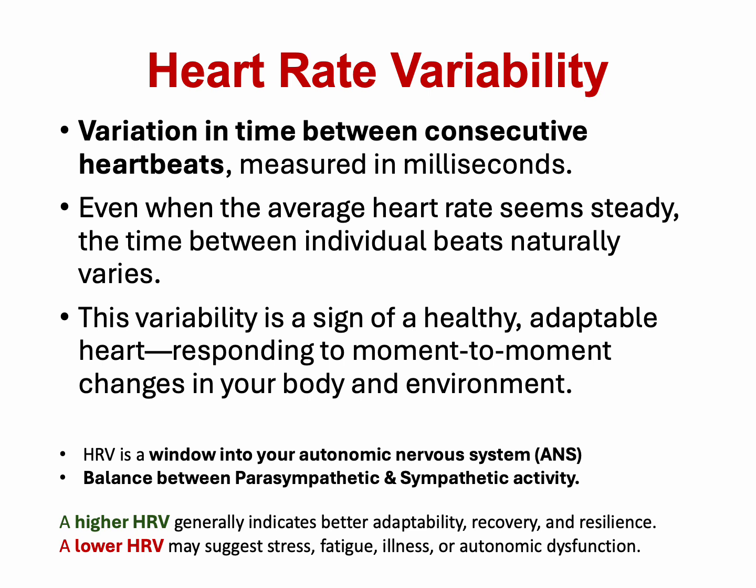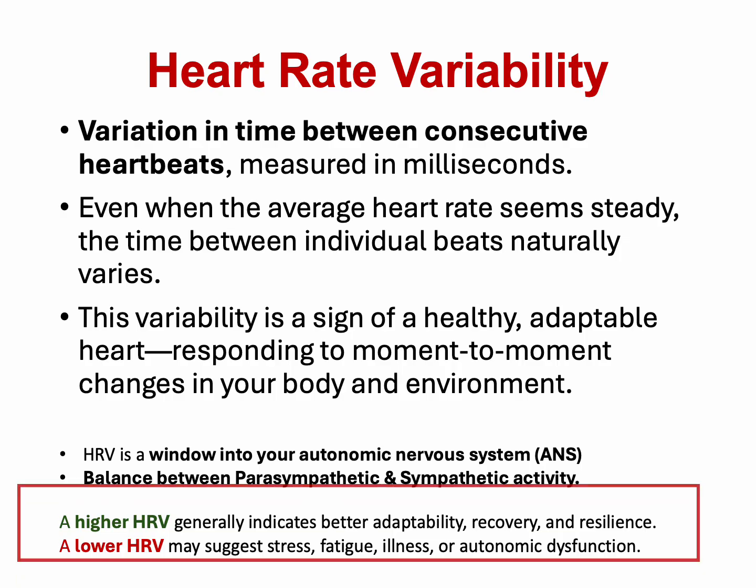So what is heart rate variability exactly? Heart rate variability is the variation in time between consecutive heartbeats, measured in milliseconds. While your heart may beat at a steady rate, say 60 beats per minute, it doesn't mean each beat is exactly 1 second apart. In fact, healthy hearts have subtle dynamic fluctuations in timing, and that's a good thing.